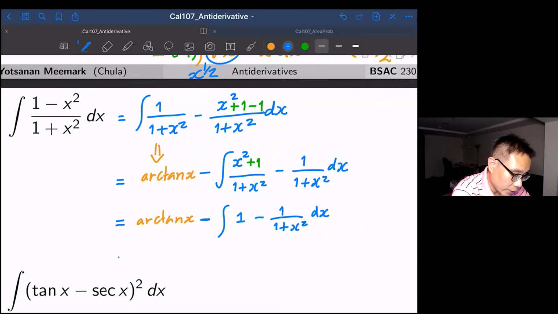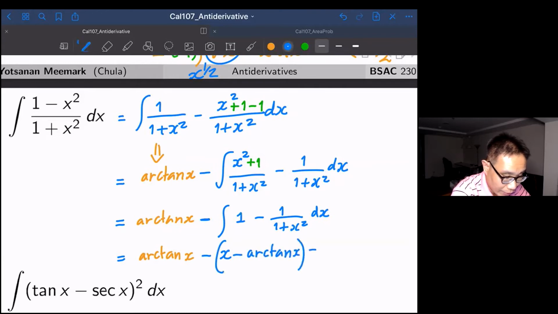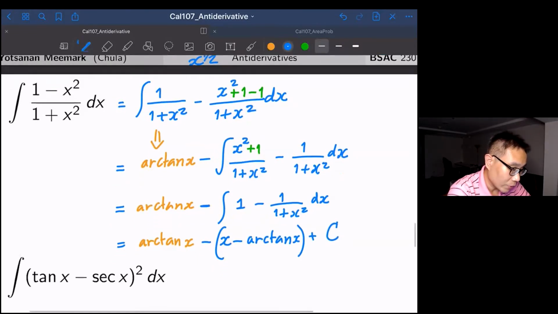And you see that this guy turned out to be arctan x minus, okay, and you integrate 1, you get x. You integrate 1 over 1 plus x squared, so you're gonna get minus arctan x plus c, okay?